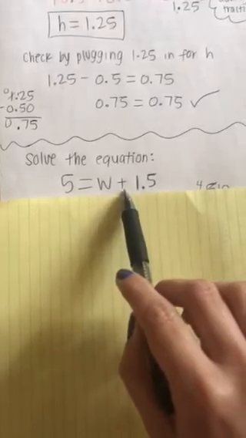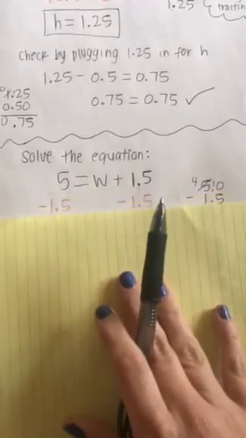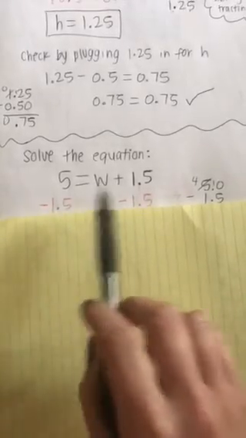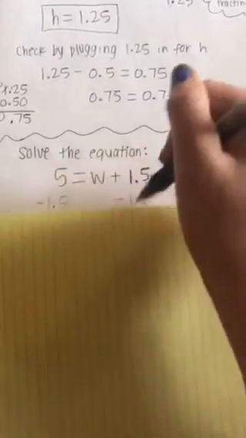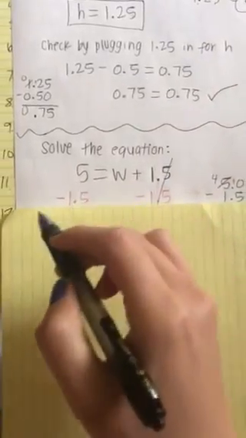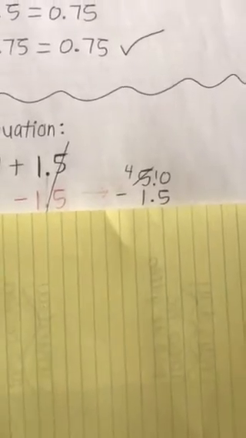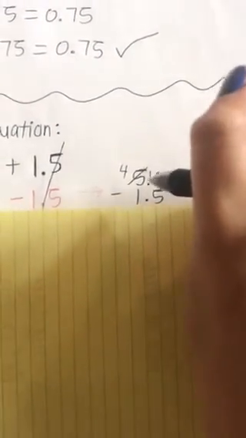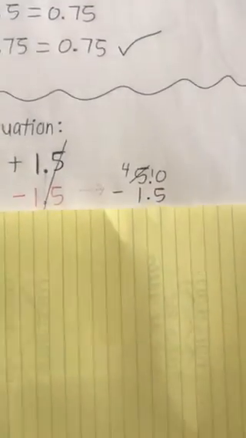So they are doing addition, so I'm going to do the opposite, which is subtraction. Minus 1.5 on both sides. So 1.5 minus 1.5 would be 0, so we got rid of that. But 5 minus 1.5, I like to fill in the same spots. So I wrote 5.0. That's the same thing as 5.